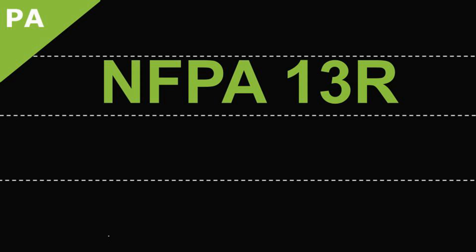NFPA 13R is a standard for sprinkler systems in low-rise residential occupancies. NFPA 13D. NFPA 13D is a standard for sprinkler systems for 1 to 2 family dwellings or manufactured homes.